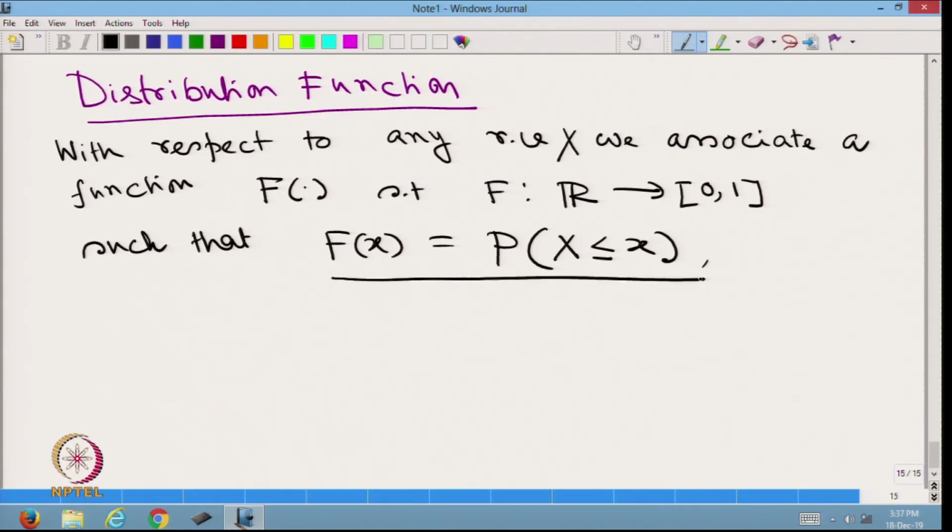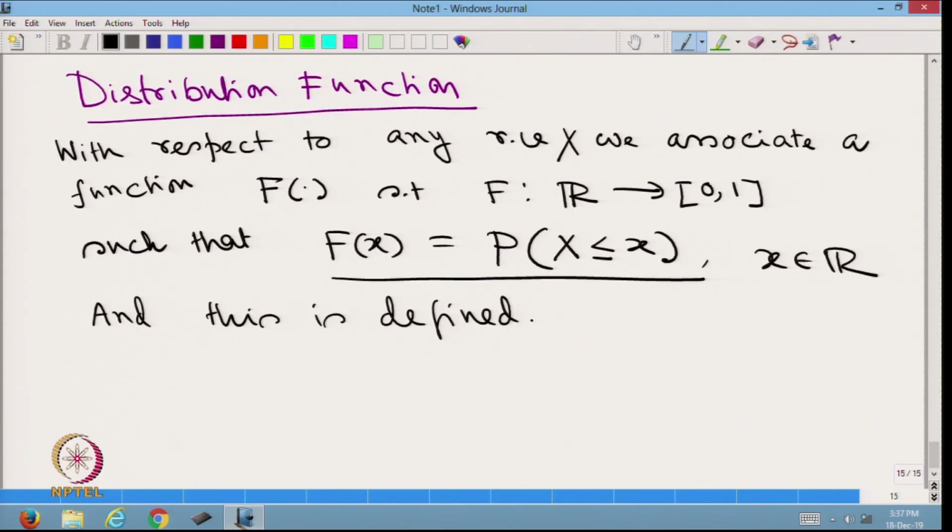So, for each random variable X, we define the function F of small x, where x is a real number, such that F of x denotes the probability that random variable X is less than equal to small x, and this is defined for all x belonging to R.